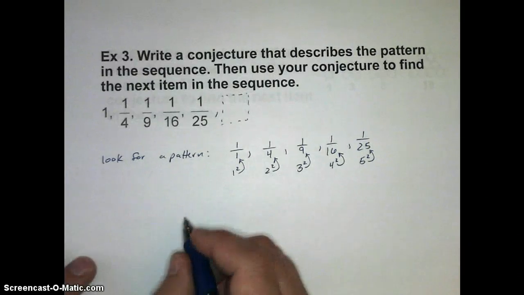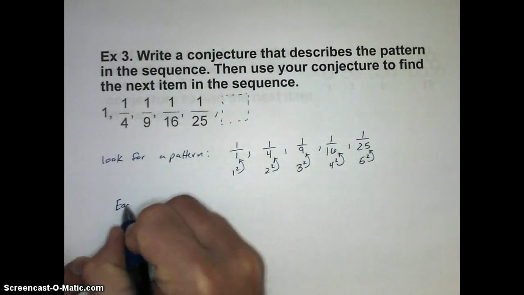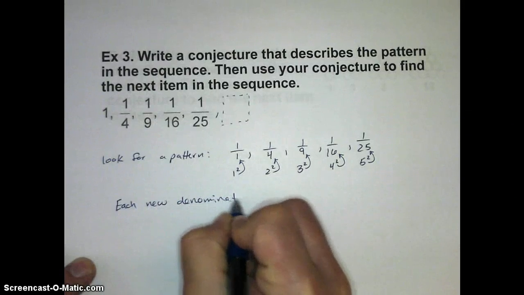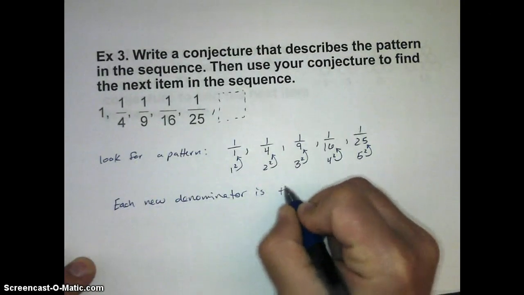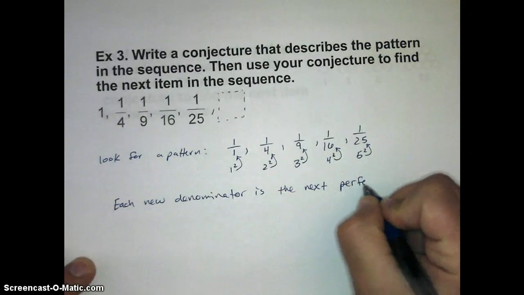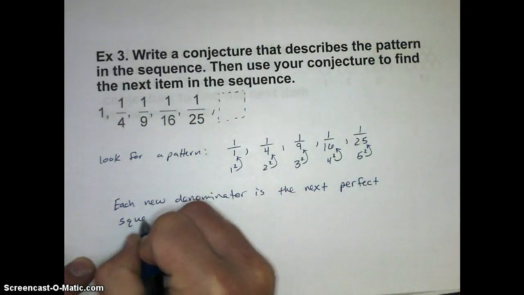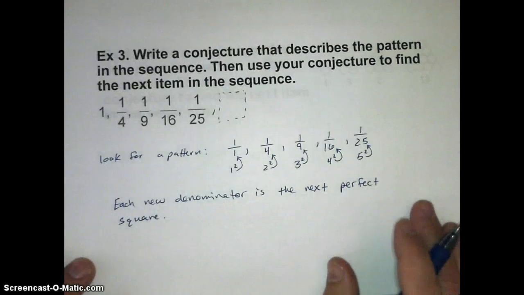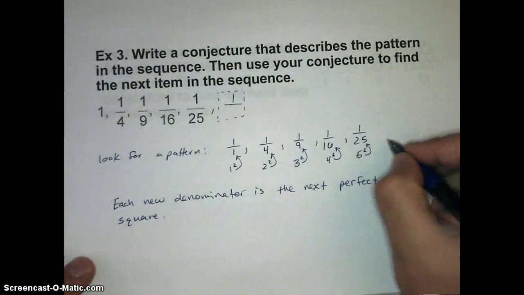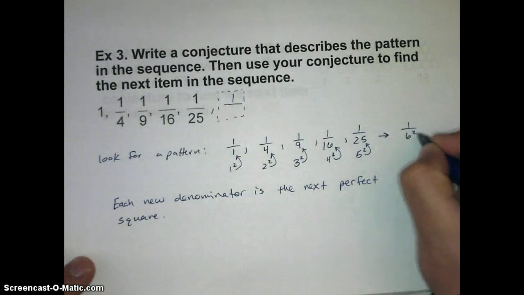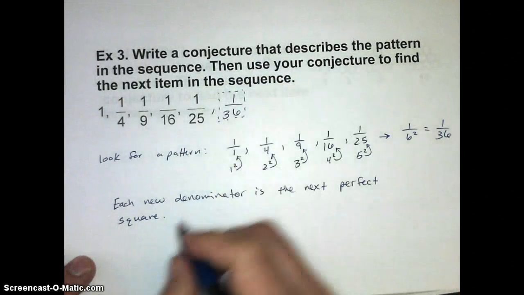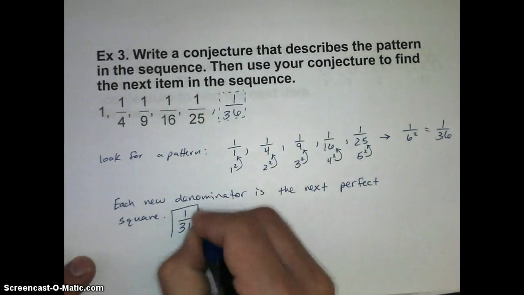So that can be our conjecture: each new denominator is the next perfect square. And that means that our next term in the sequence would be 1 over 6 squared, which is 1 over 36. So the next term in your sequence is 1 over 36.